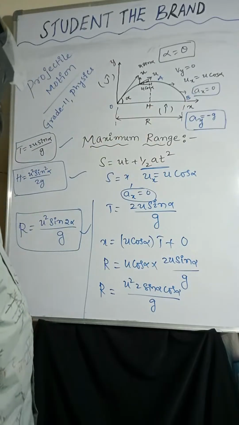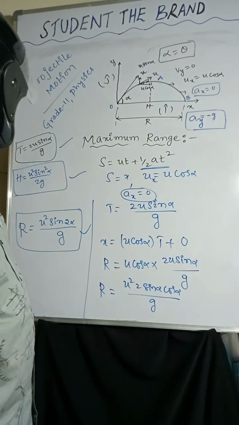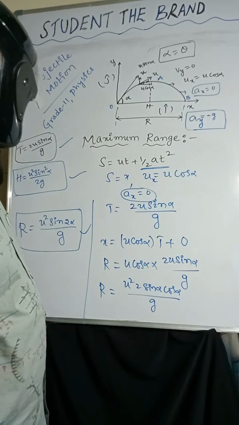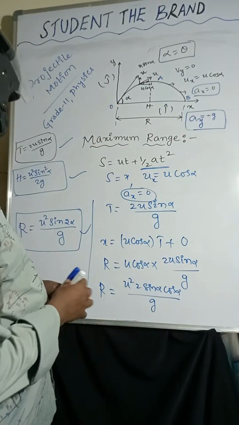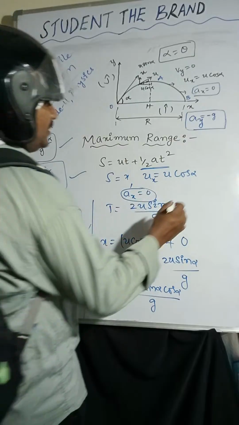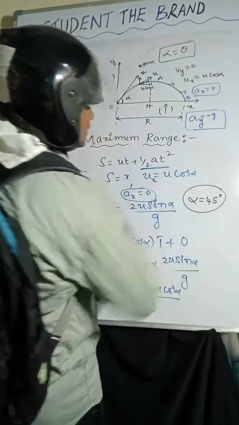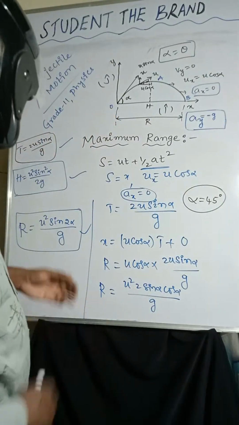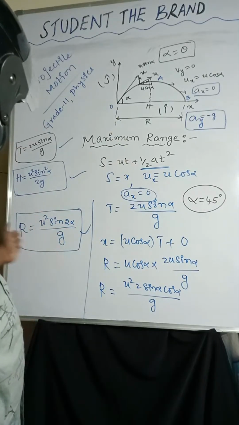So is it clear? Check once. If you substitute alpha 45, you'll get maximum range and maximum height. Alpha is 45 degrees. Check once. Is it correct or not? If you substitute sin 2 into 45, sin 90, that is 1, u square by g. That is the maximum range.